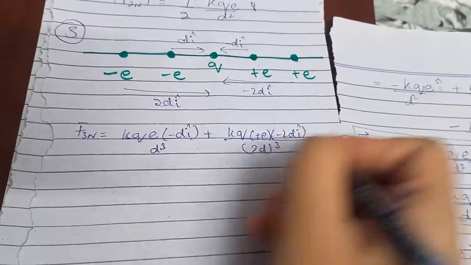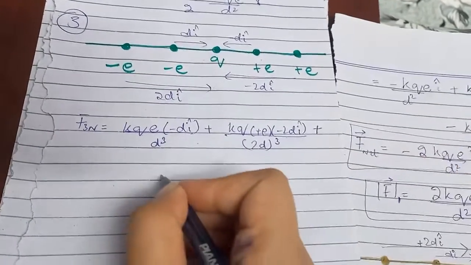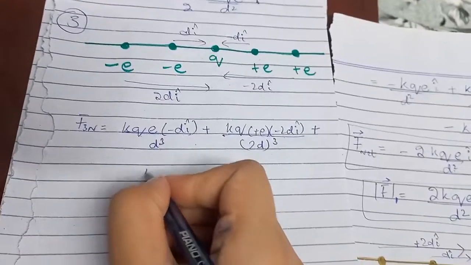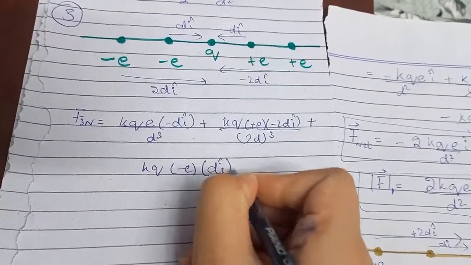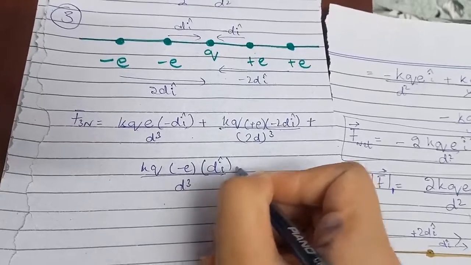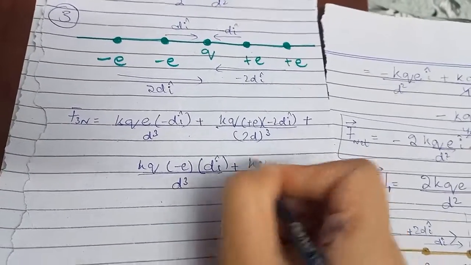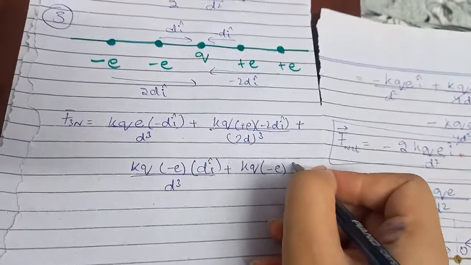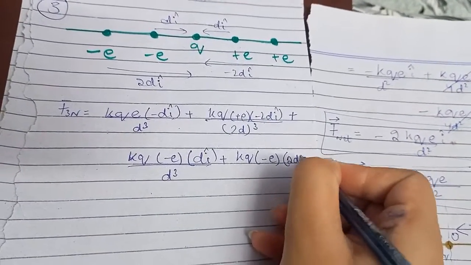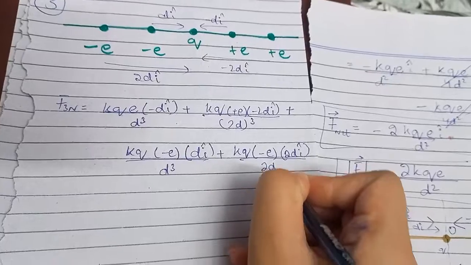Then plus this one: k q, negative e, vector d i hat divided by d cube, plus k q minus e, the vector is 2d i hat over 2d whole cube.